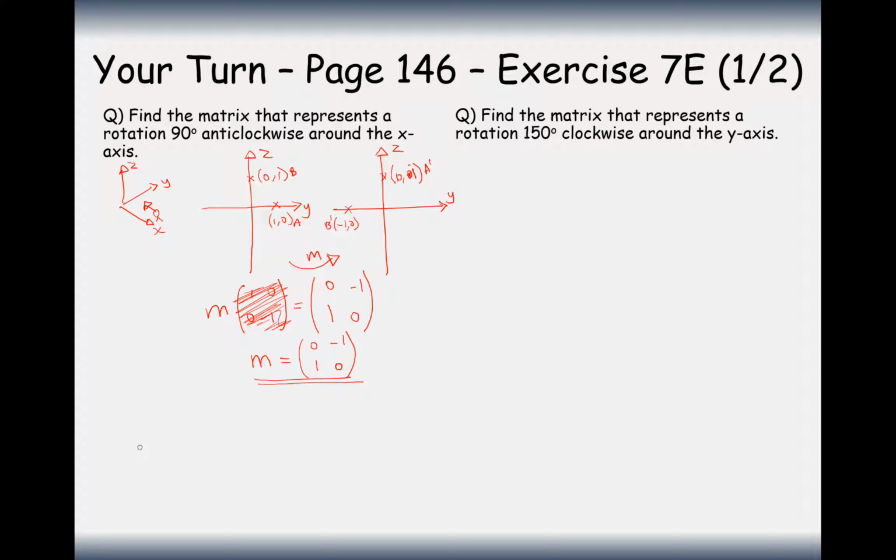But our final answer here is going to be a 3 by 3 matrix. Now it's going to be 1s and 0s in the x positions. And then the rest of these 4 cells will be made up from this matrix that we calculated as M. So these 4 cells here are the matrix M, and the rest of the cells is just a 1 in the XX position and 0s in all the other positions.